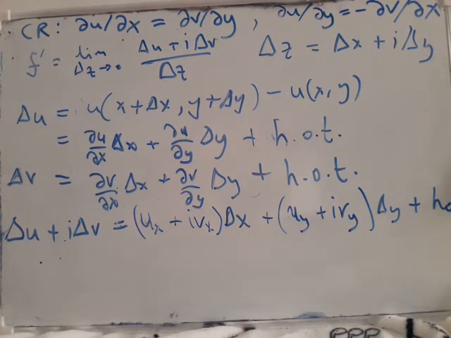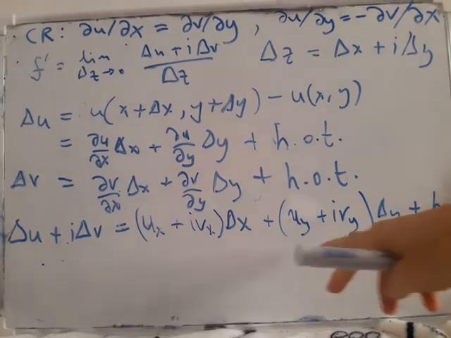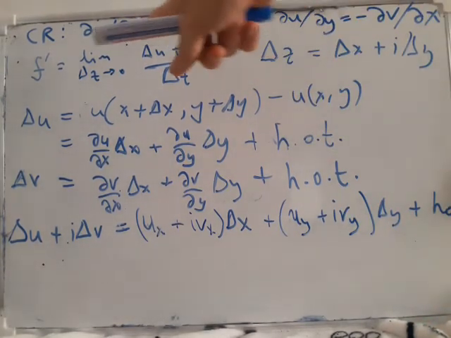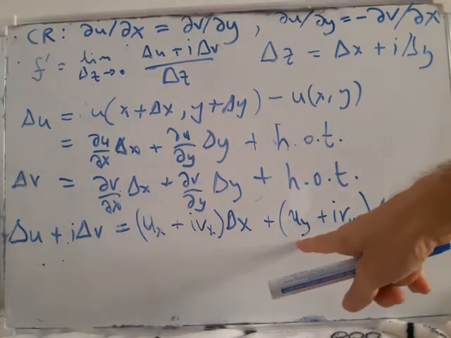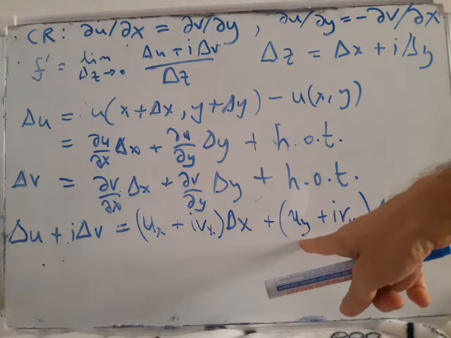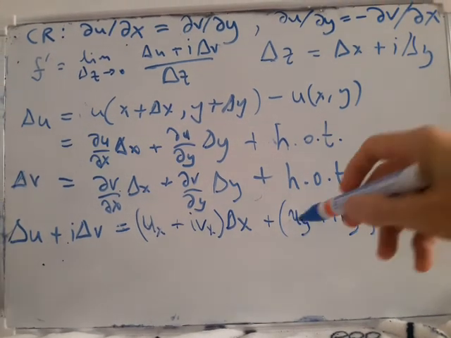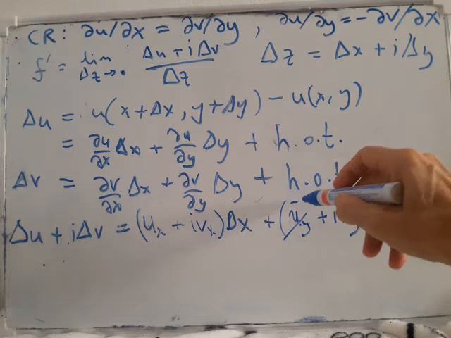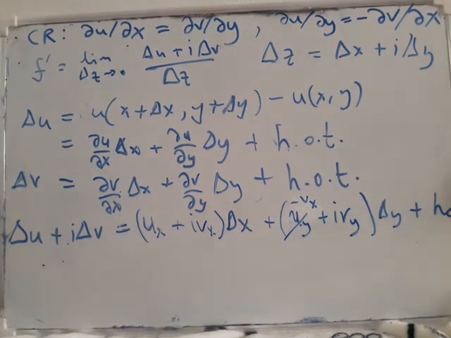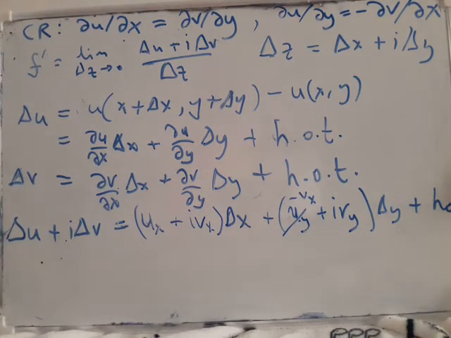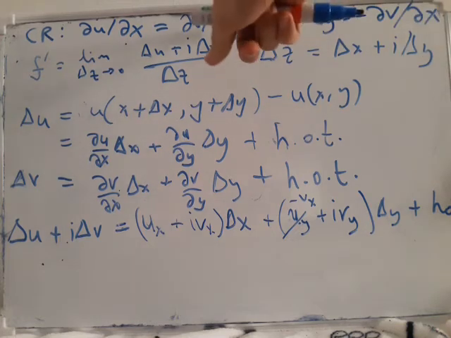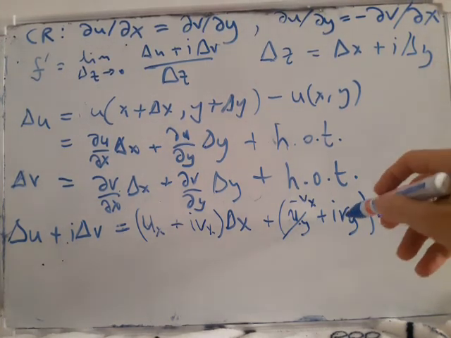Now I just want everything in terms of derivatives of x. So I'm going to use the Cauchy-Riemann conditions to convert du by dy into minus dv by dx, and I'm going to change dv by dy into du by dx.